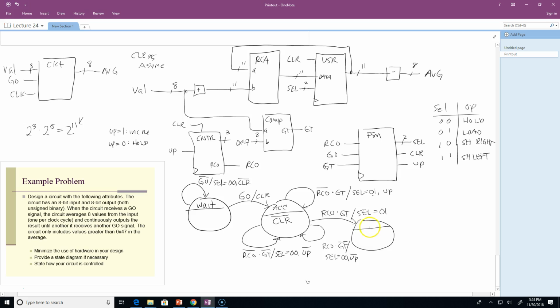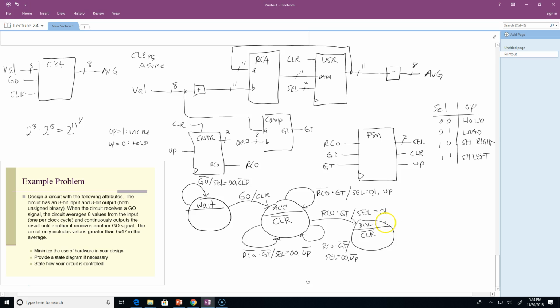In this next state, I'm ready to divide by 8 for my average. I'll just say divide 1, and I know I'm not going to clear anything. Up is a don't care, so I'm going to leave it out.